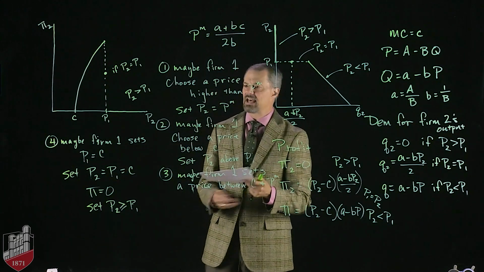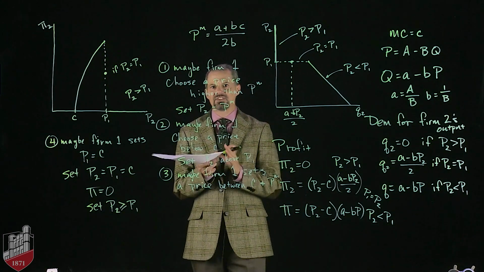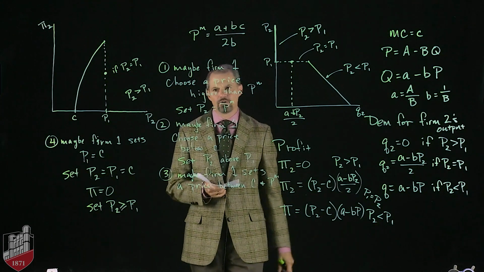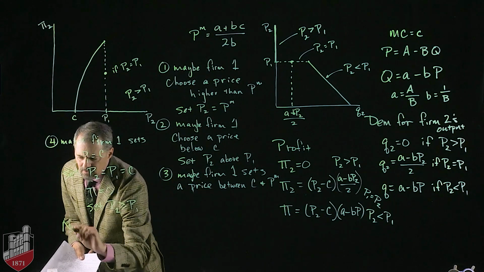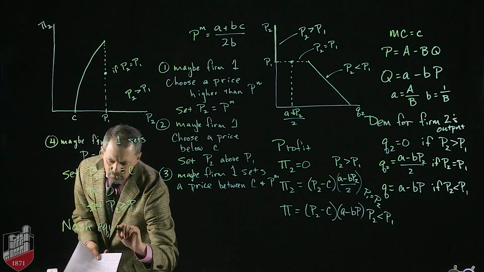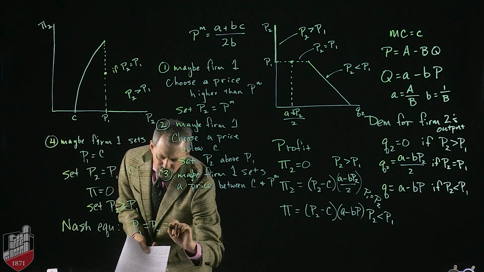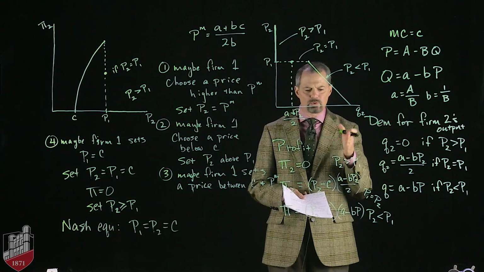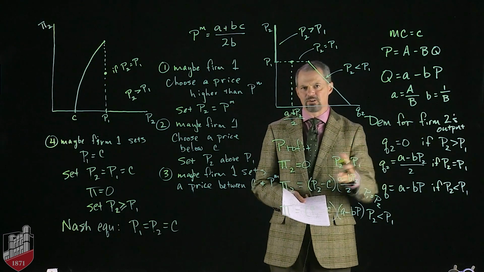Turns out that the Nash equilibrium of the game, a situation where nobody has an incentive to change their strategy given the strategy chosen by the other firm, is for both prices P1 and P2 to be equal to marginal cost. There's always an incentive. If price were ever greater than the cost of production, there's always an incentive for firms to undercut.